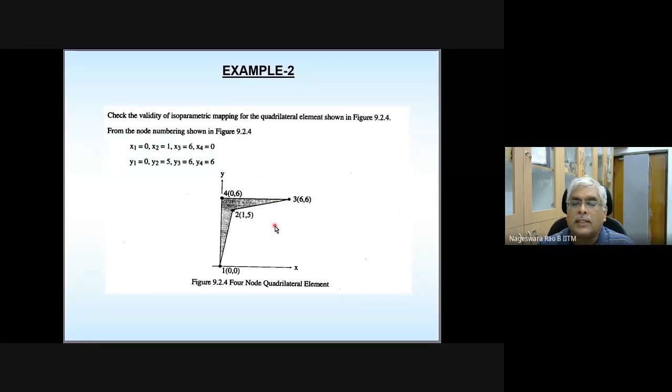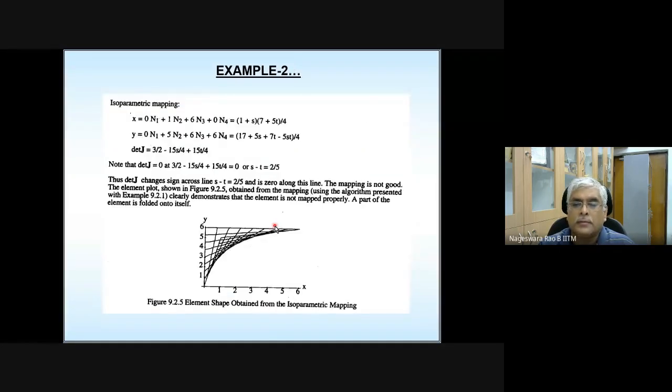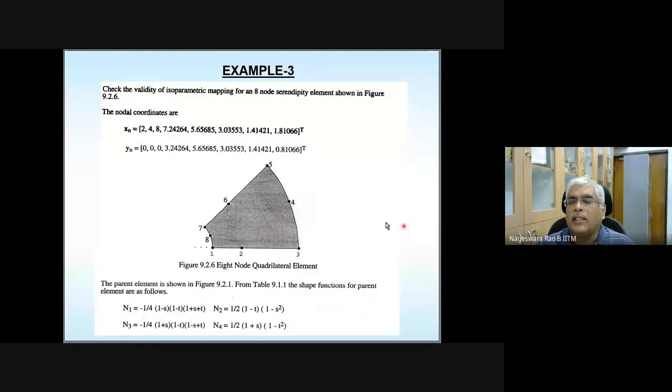So let's see another example. Let's take this 8-node element. The nodal coordinates are given here, and the nodes are numbered in counterclockwise direction.